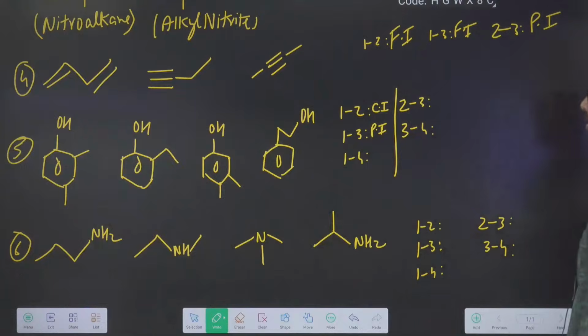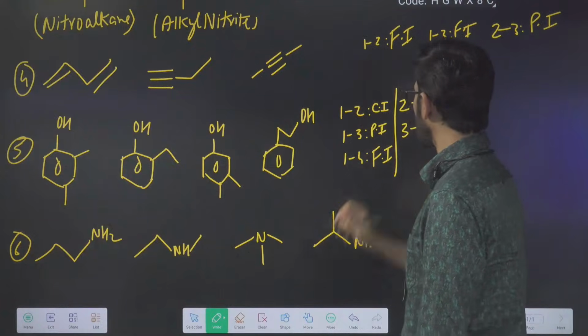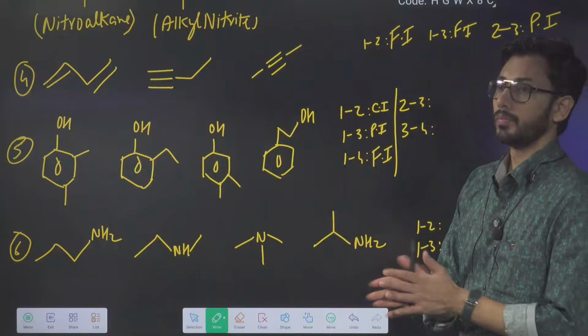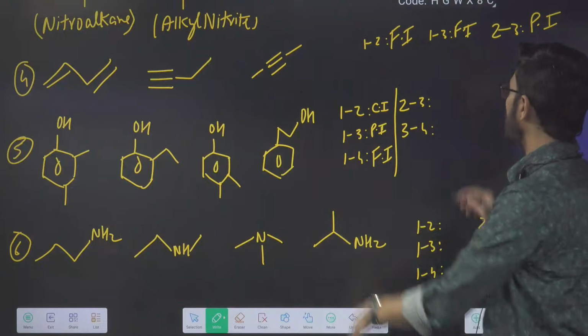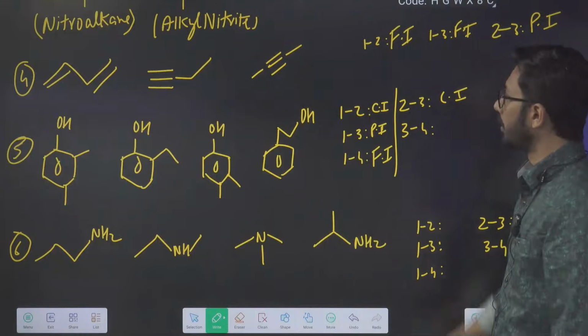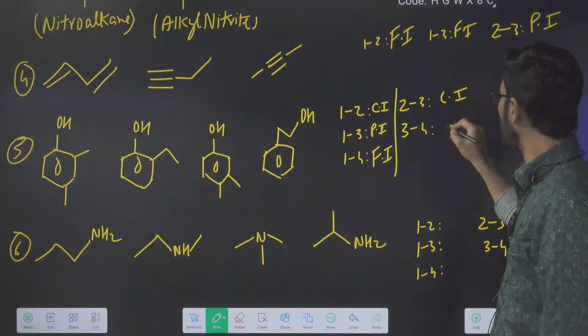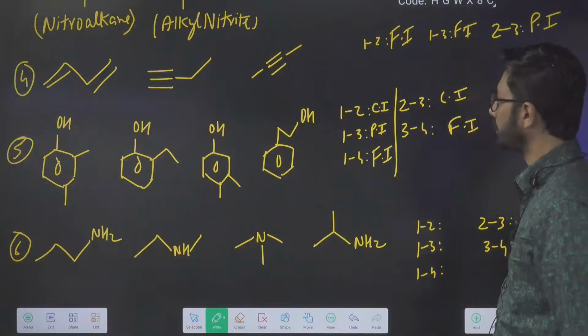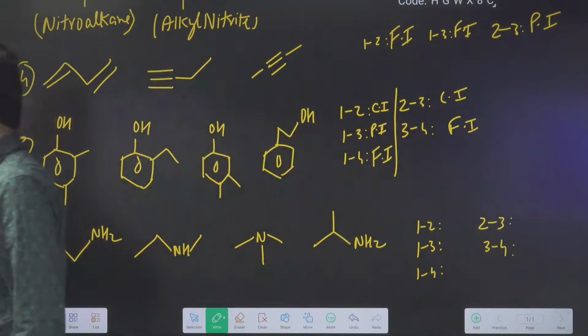Position of dimethyl is changing. First and fourth, now they are functional isomers. Good, good, Sudeshna. Second and third, again chain. Third and fourth, phenol and alcohol, functional. Clear?